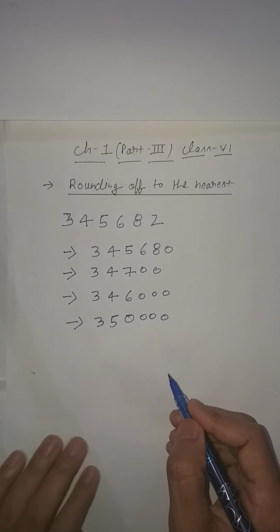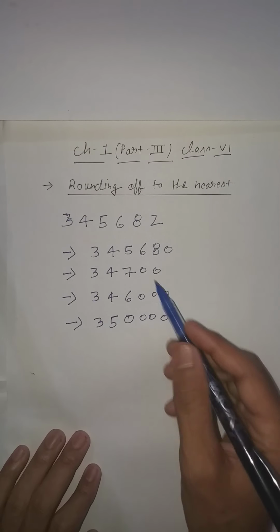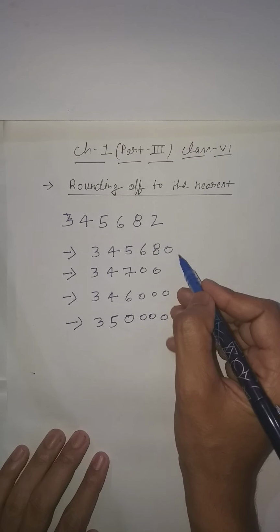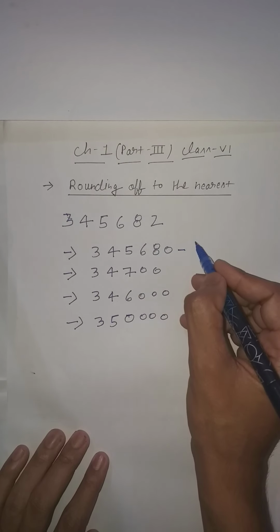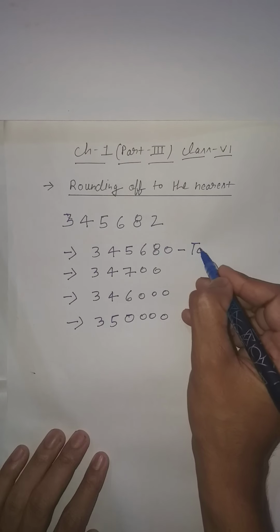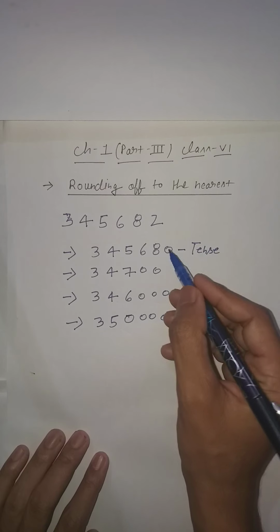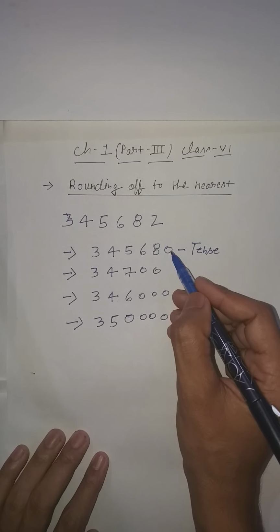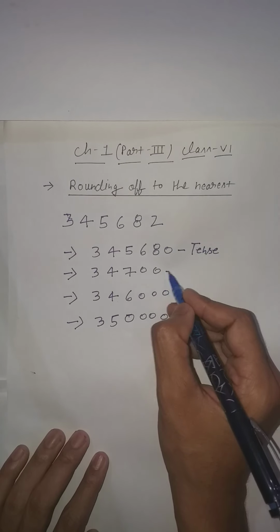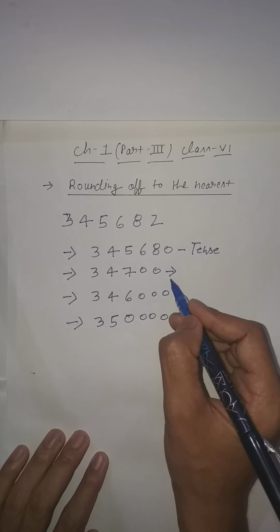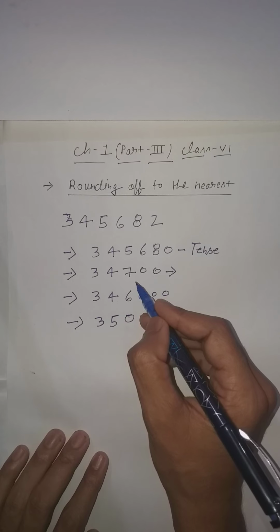So what is the conclusion of this question? This is rounding off to the nearest tens. How nearest tens? Because you can see the ones place becomes 0. And this one is rounded off to the nearest 100, because the ones and tens places become 0.